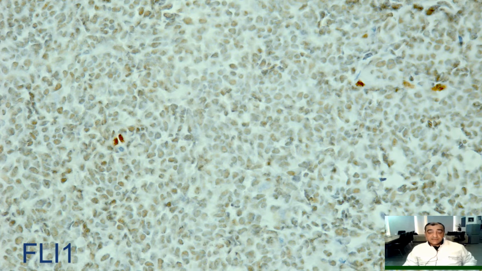That is why the positive reaction is completely non-specific for Ewing sarcoma. But in these settings, in case we have positive CD99 and positive NKX2, positivity of FLI1 directly shows that we deal here with Ewing sarcoma.